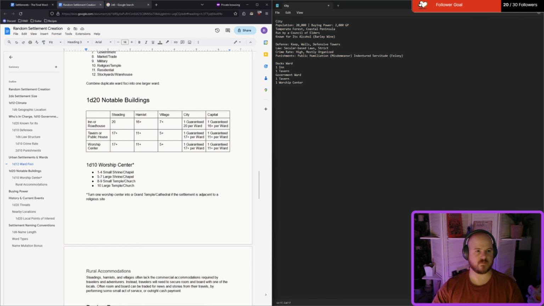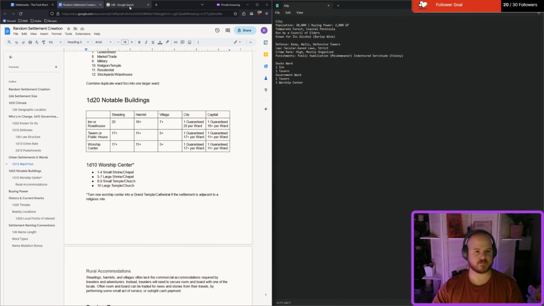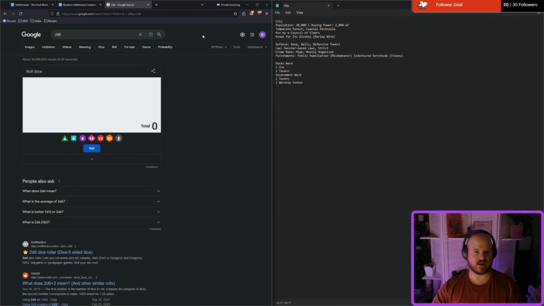And there we go. Actually, we can give this one advantage. 8. Alright, so we have a small temple or church. We'll just put small temple.